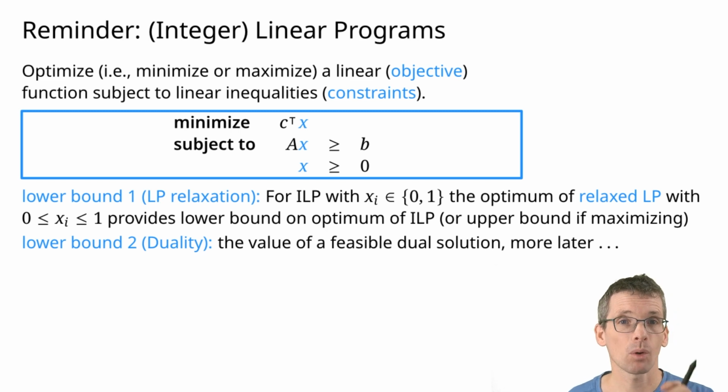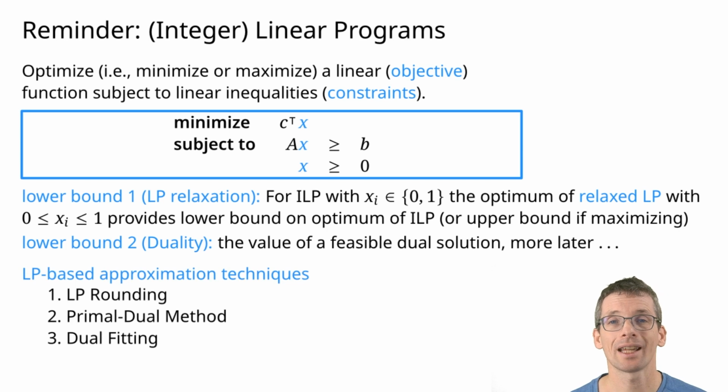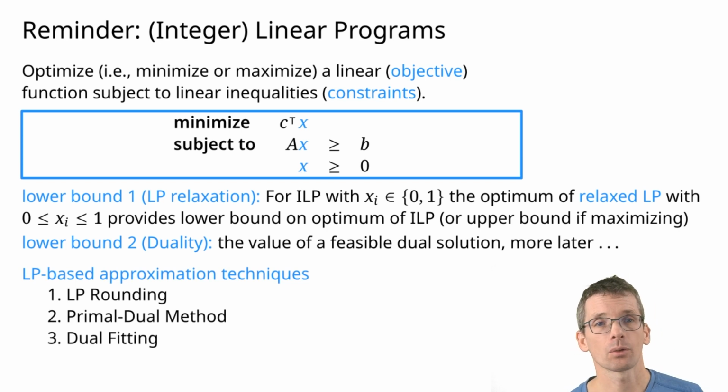I will say more about duality later when we actually use it, but those lower bounds give us various ways of designing or analyzing approximation algorithms using linear programming, and the ones we're going to take a look at today are LP rounding, the Primal-Dual Method, and dual fitting.